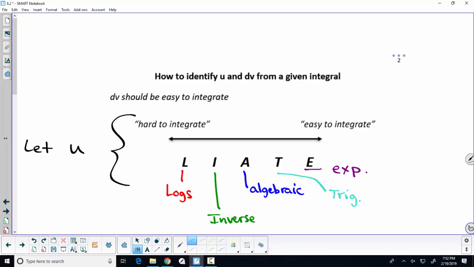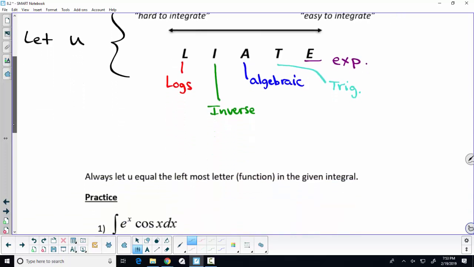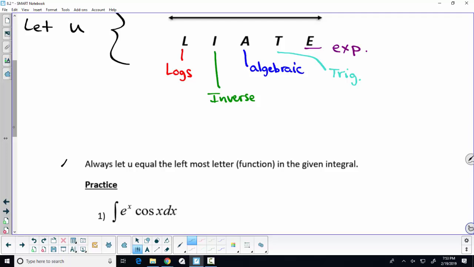If I've got an integrand that involves algebraic and exponential functions, I'm going to let u equal my algebraic function. So let u equal the leftmost function in this acronym, and that way we can also distinguish what dv has to be. Always let u equal the leftmost letter or function in that acronym.